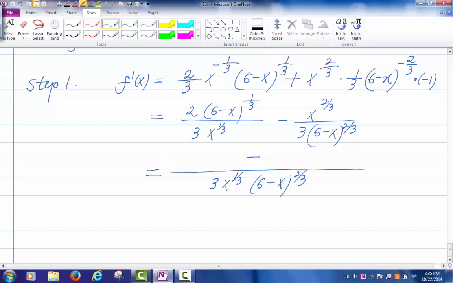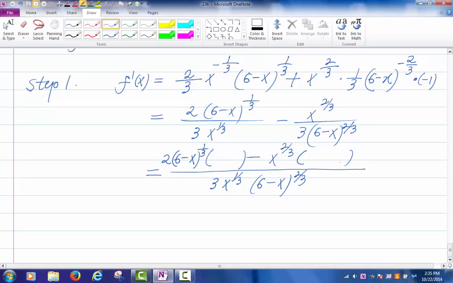So here what I'm going to get is basically the numerator that I have, but I'm going to multiply the numerator by something. And then here I'm also going to get the numerator, and it will be multiplied by something. So what am I going to multiply the numerator with?